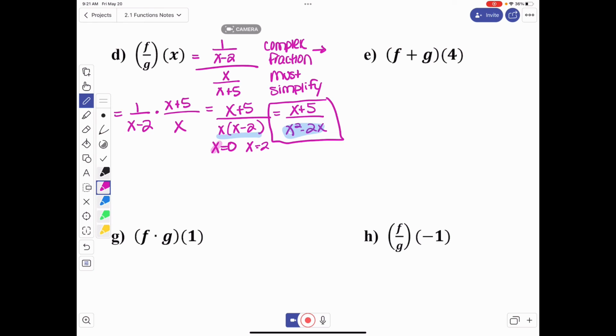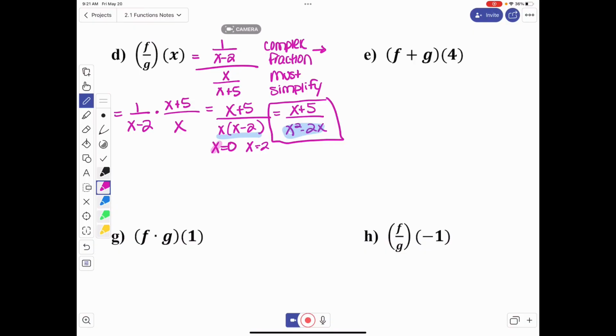It still can't be the original 2 and negative 5. So for my domain, if I put these in order, negative 5, 0, and 2. Sometimes I just like to put my numbers in order on number lines so I can see how I'm going to write it out. So negative infinity to negative 5, negative 5 to 0, 0 to 2, and 2 to infinity.